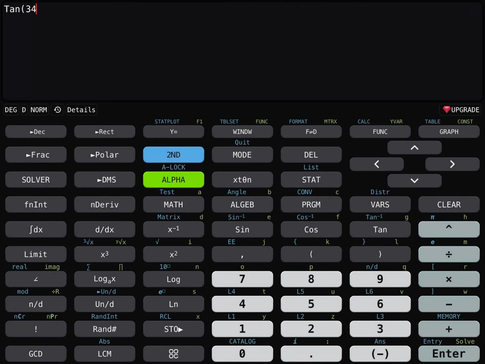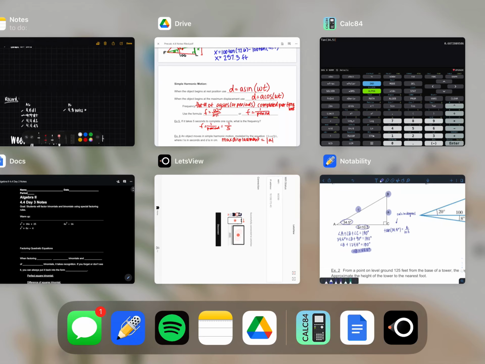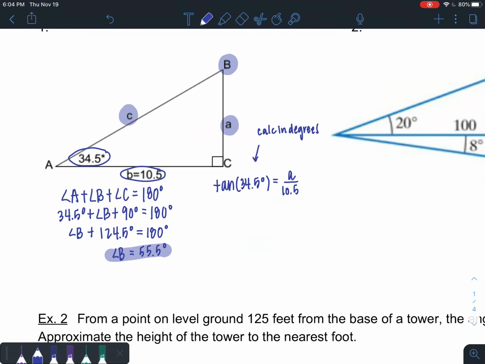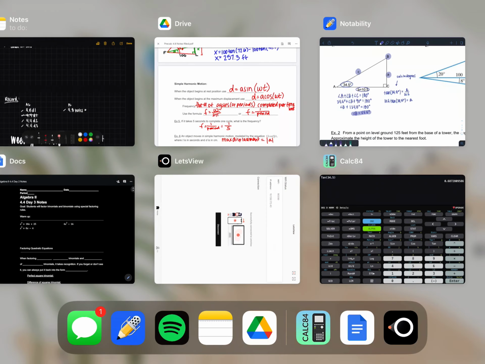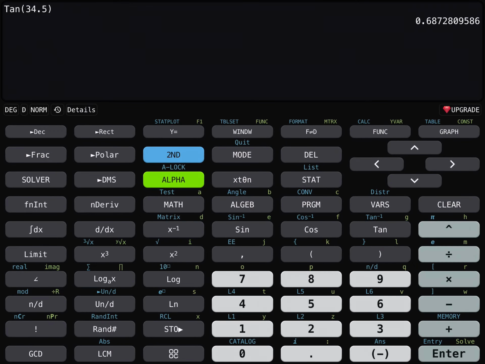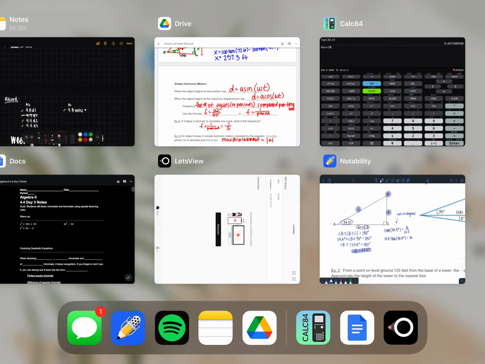So we have tangent of 34.5. My calculator is in degrees. And then if I multiply by 10.5 on both sides, that will give me A. So take tangent of 34.5 and multiply it by 10.5.